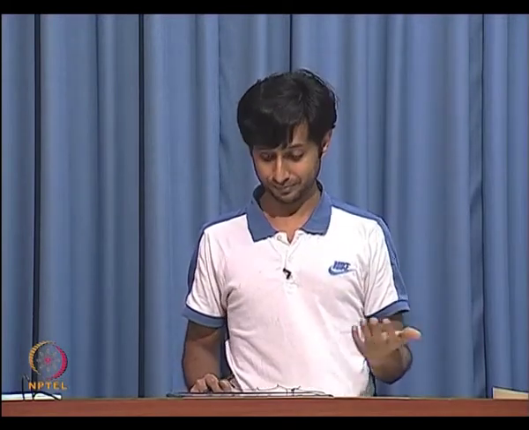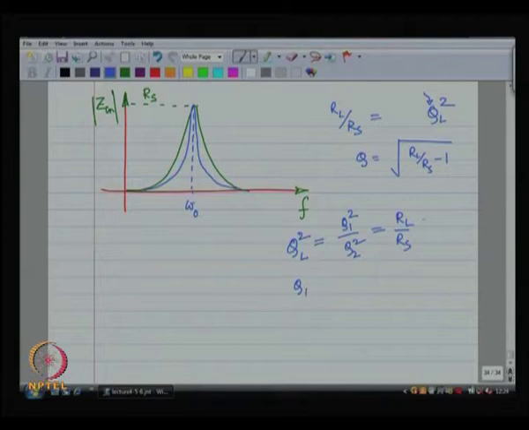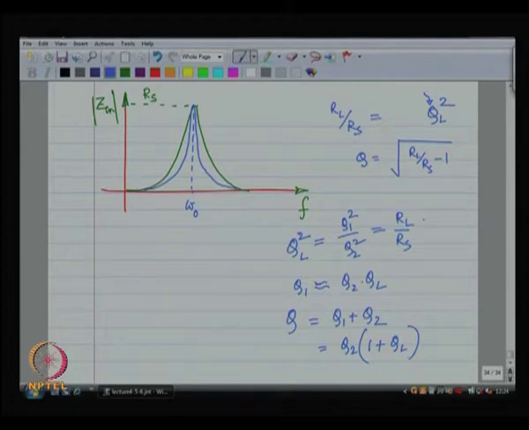and the net Q is Q 1 plus Q 2. So, it is definitely more than the Q of the L match, can't be less, right.